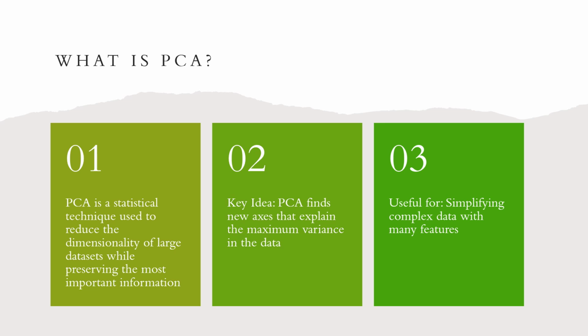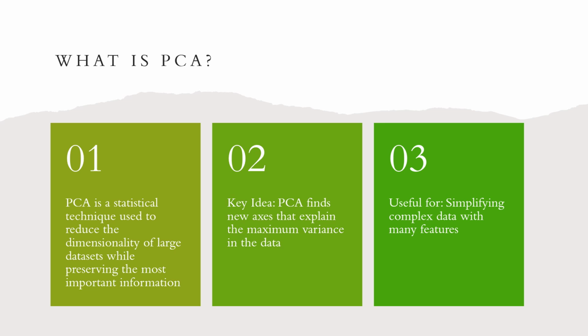So, what is PCA actually? PCA is a statistical technique that is used to reduce the dimensionality of data. For a large data set, it is very helpful. As you extract the important information, definitely the number of features will be reduced.